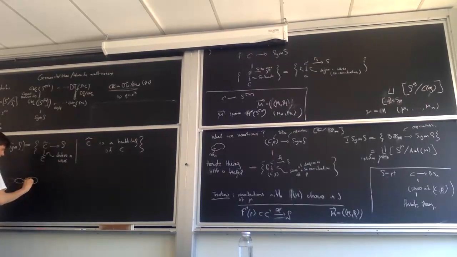You have your curve C, and above that curve you have another curve C prime, with some maps to this bubble, and all of that is a cover, with ramification allowed only at the marked points.